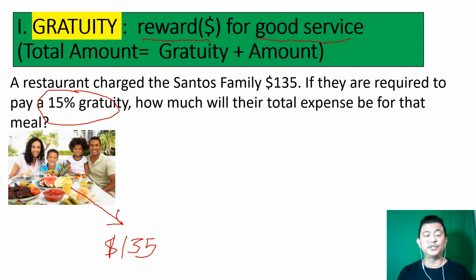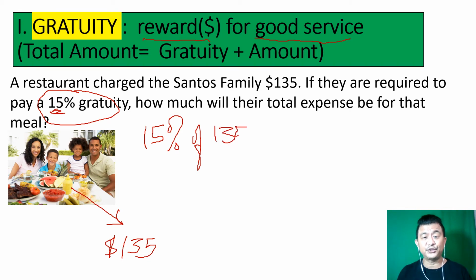Now, of course, they're not just going to pay 135, they will pay an extra amount. And how much would that be? It's based on a certain percent. They're giving 15%. Let's use the strategy of writing an expression: 15% of the total amount spent, 135. I will get a portion of that, a part of it. You could use the decimal way, and the decimal way would be 0.15. Of means times 135.